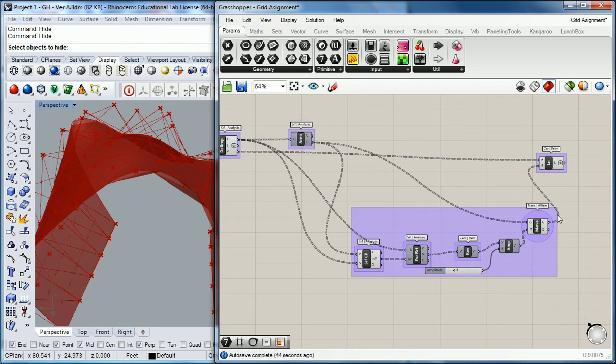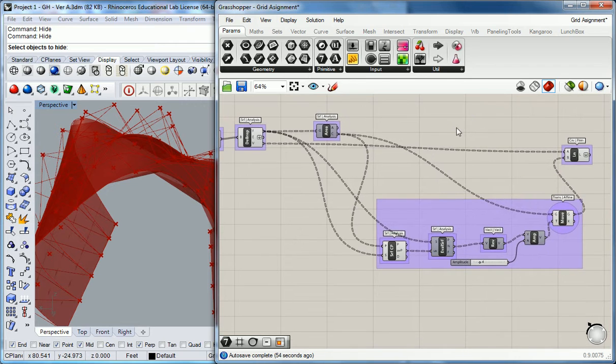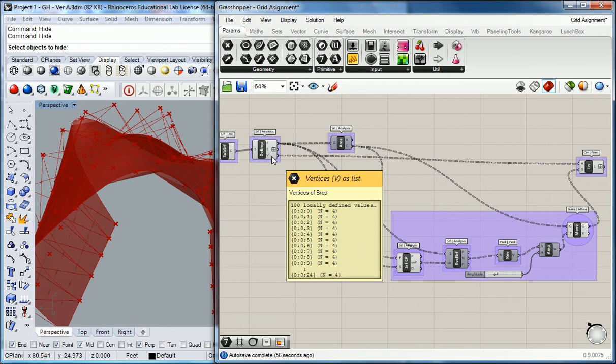So a group of singular centroids that are being fed back into this line command or line node, and then the opposite corner that they're trying to meet is the vertices of the deconstruct brep. And the vertices, if you notice, if it's not flattened, comes out as a group of 4. So that means it creates 4 lines from the singular centroid to each of those endpoints.